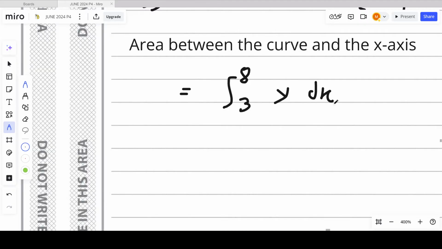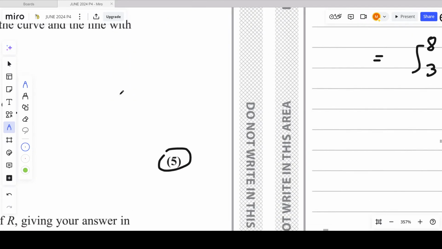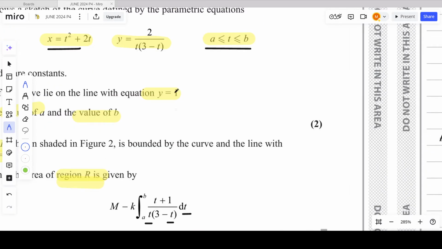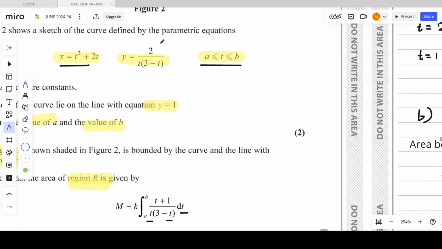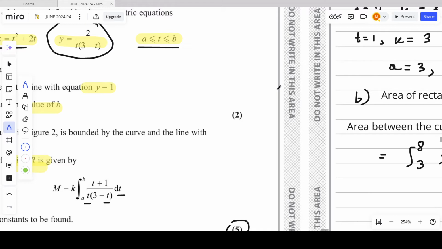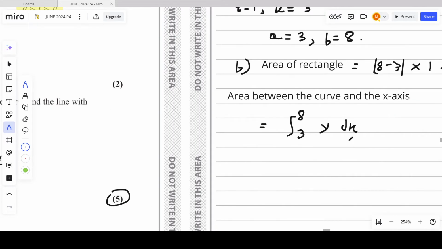To do that, we substitute the parameter of y into the integral, so we get y in terms of t. Remaining is the dx.